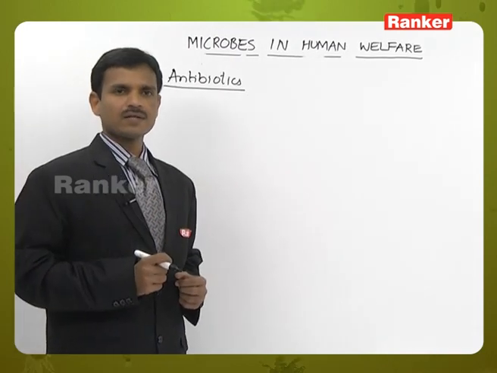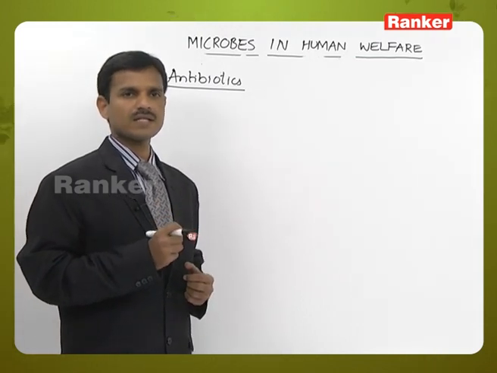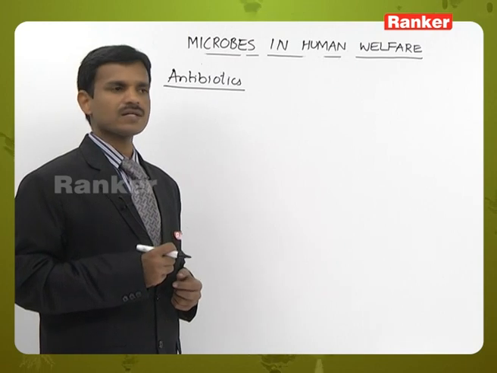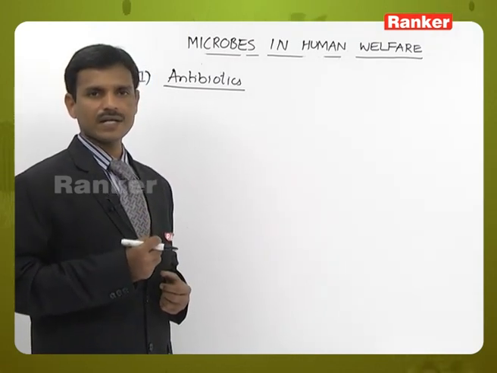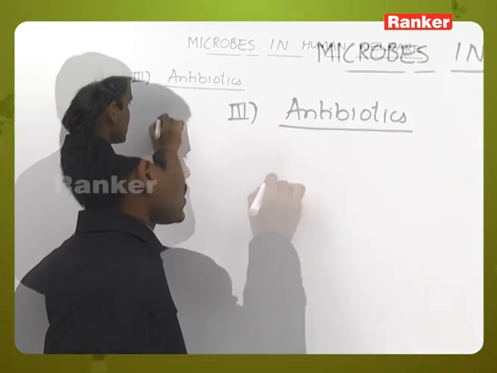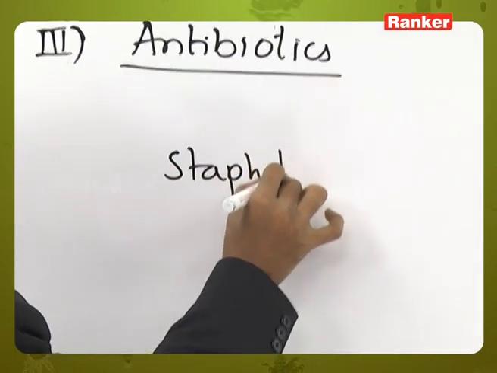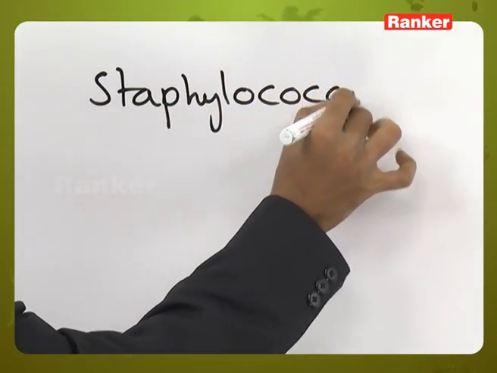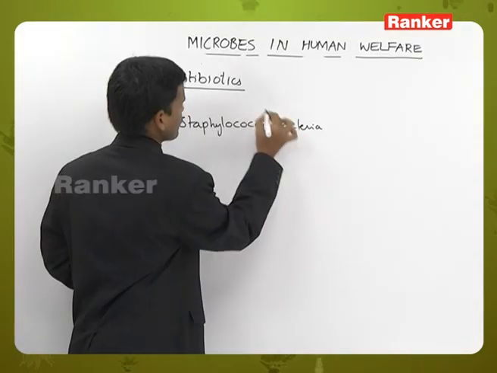Alexander Fleming discovered the antibiotic penicillin. The penicillin antibiotic was discovered unexpectedly while he was studying Staphylococcus bacteria.